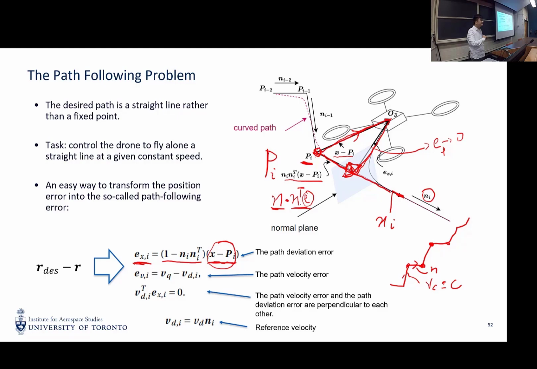And yes, n_i is the direction vector of the path you want to follow. The direction of the path is set by the mission planner, so you have some mission plan.